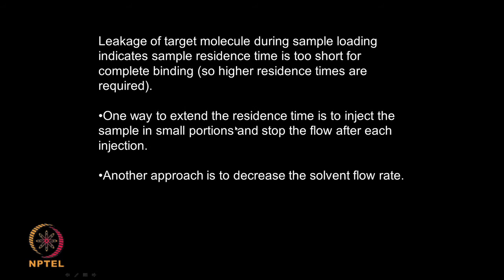So, what do we do? Residence time is too short for complete binding, so it requires higher residence time. Another approach is to inject the sample in small portions: flow the sample, stop the sample, flow the sample, stop the sample. Another approach is to decrease the solvent flow rate, so that your residence time gets increased.